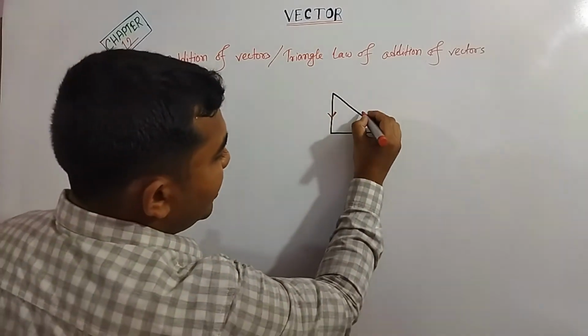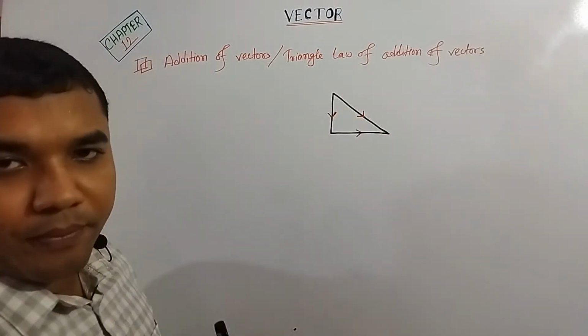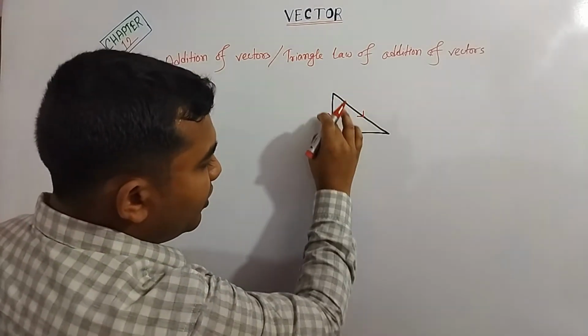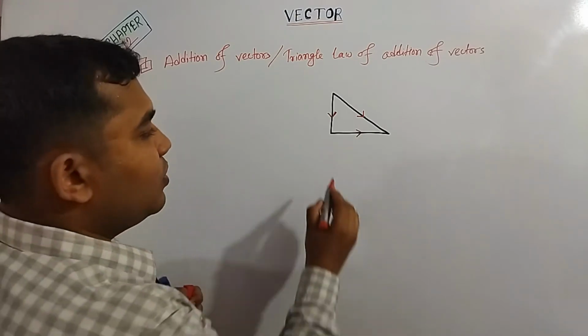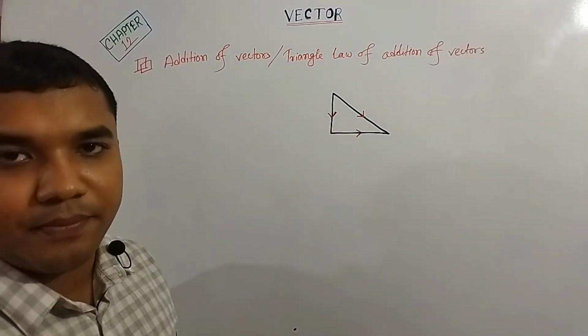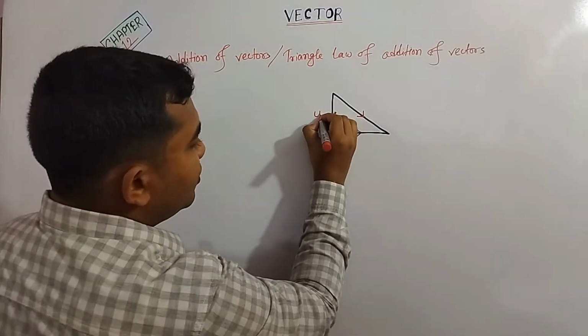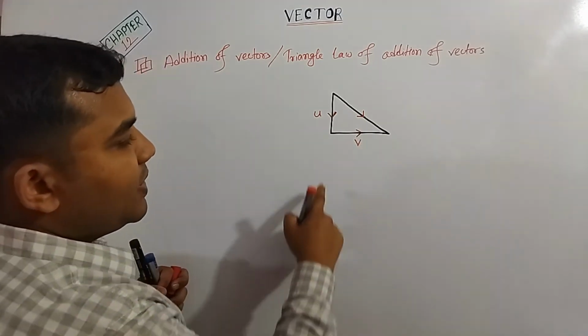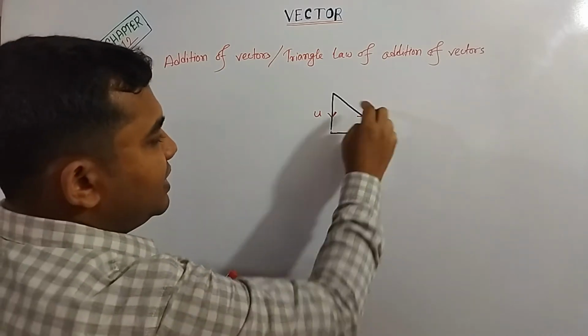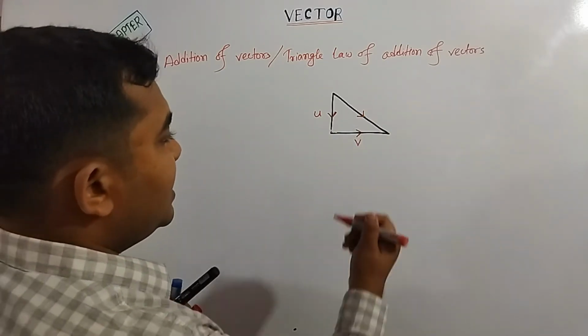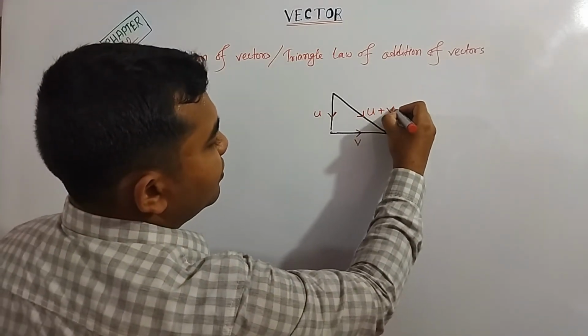But if any vector restricts the flow, then that vector is equal to the addition of these two vectors. Say this is the vector u, this is the vector v, and the flow of u and v has been restricted by this vector. That's why we can say this vector is u plus v.